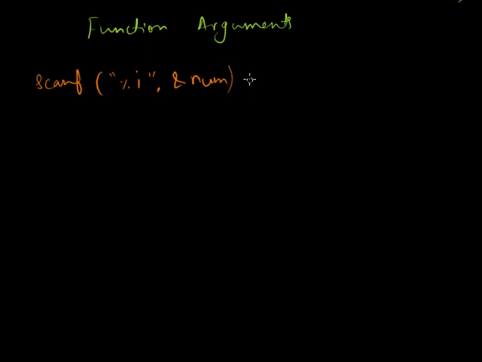Let's assume that num is a variable. So now the arguments are separated by the comma. This is one argument, this is another argument. These are arguments, or you can call them parameters. Many people call them parameters.